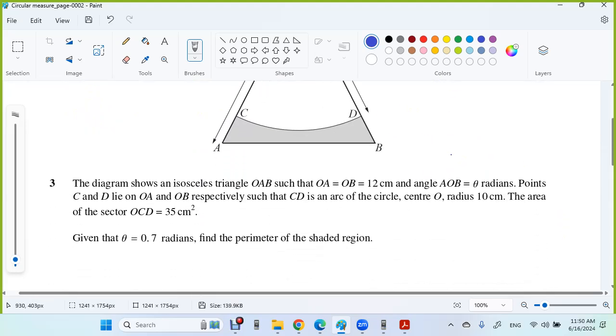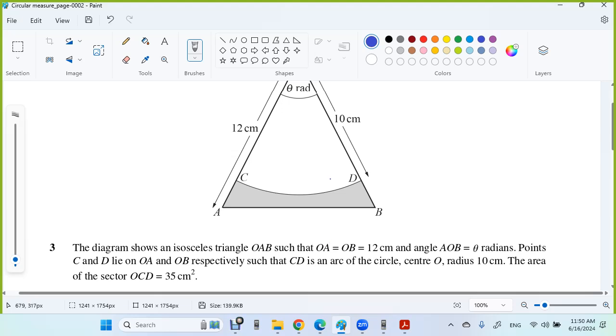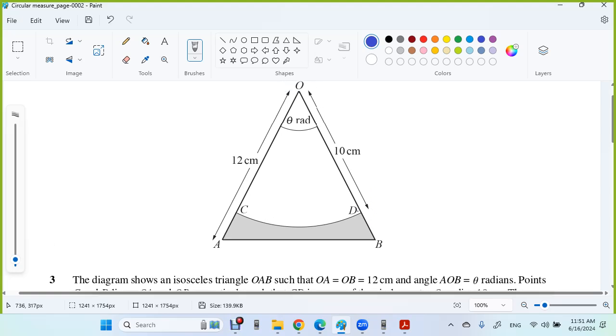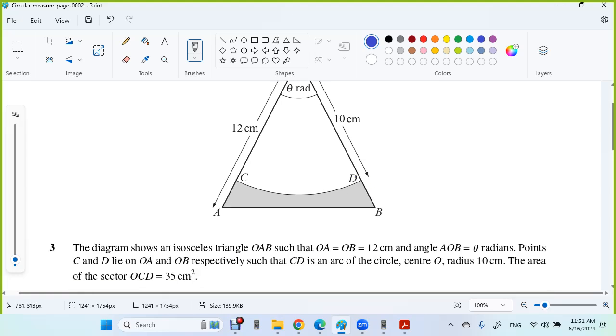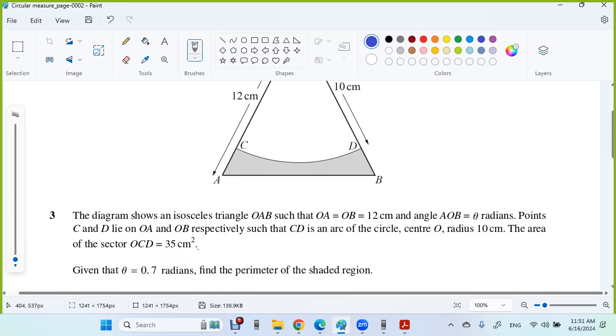Okay, the diagram shows isosceles triangle OAB. Then OA equals OB equals 12, and the angle here is theta radian. CD is an arc with center O, radius 10. The area of sector OCD is 35 cm squared.